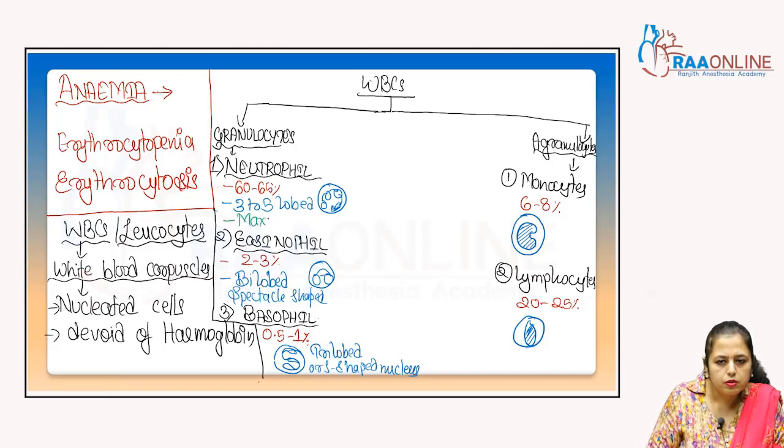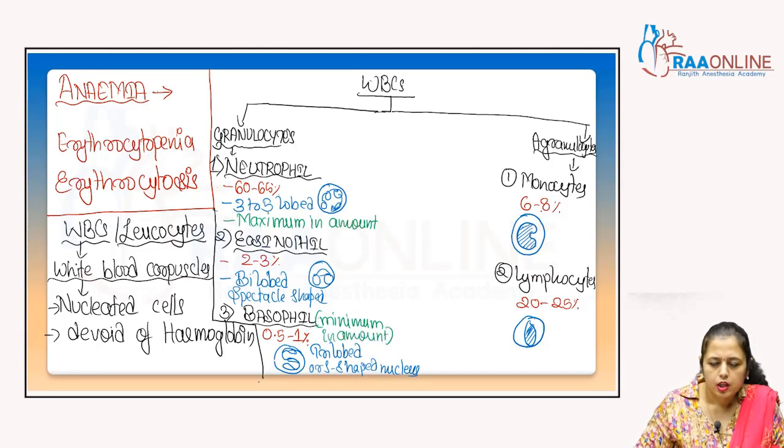Maximum in amount, neutrophil. Basophil, minimum in amount, right?